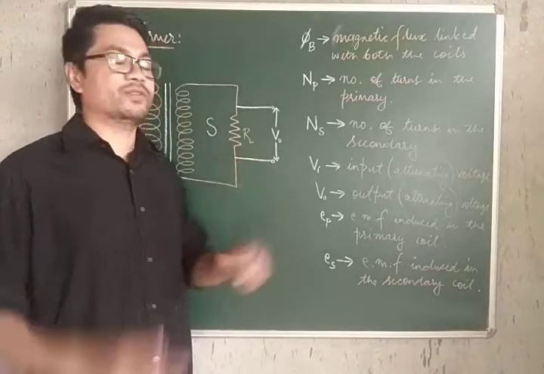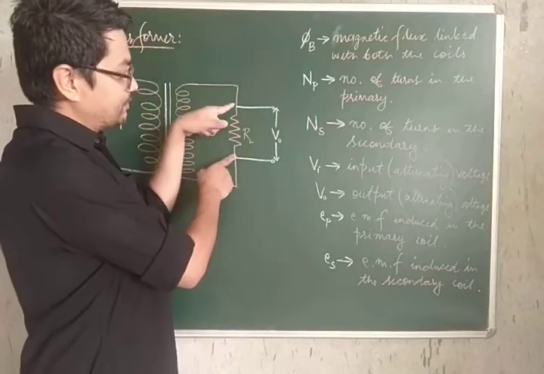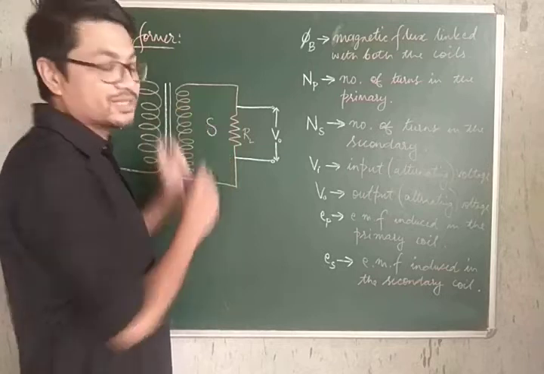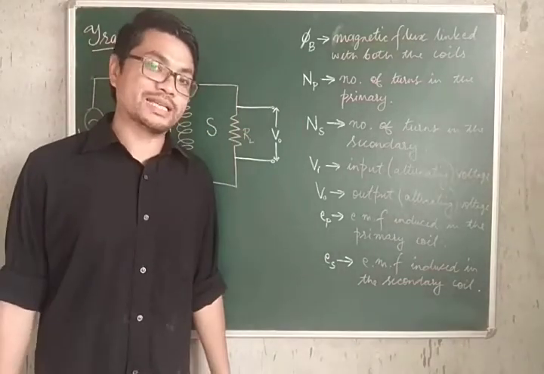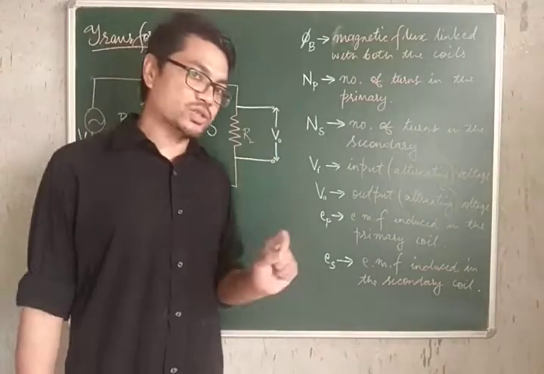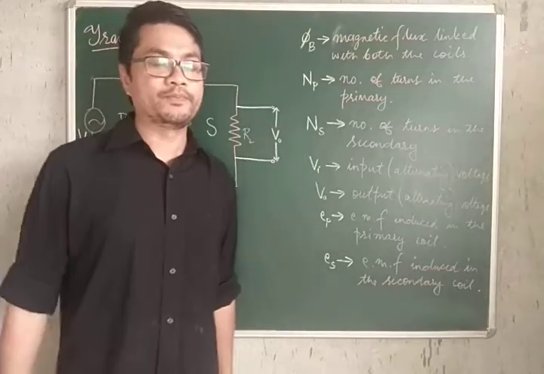Theoretically it should have infinite resistance, such that the maximum potential difference can be measured across this resistor. The more its resistance, of course, the more will be the potential difference that can be measured across it, and the potential difference measured across it is V0, that is the output voltage.